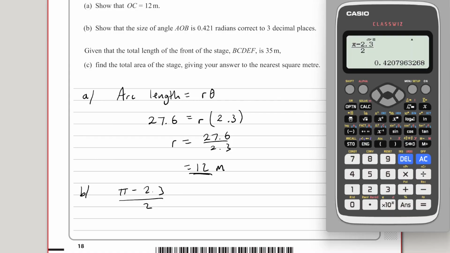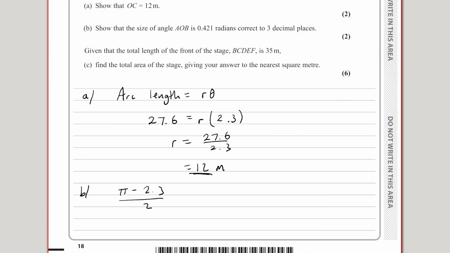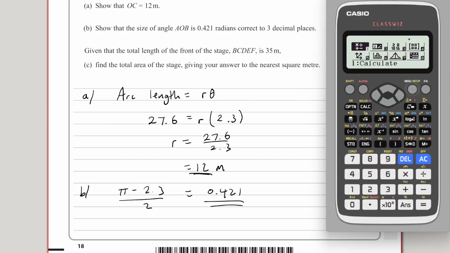And we get 0.421. That's what we wanted. Just going to change my calculator into radians for when I need it.